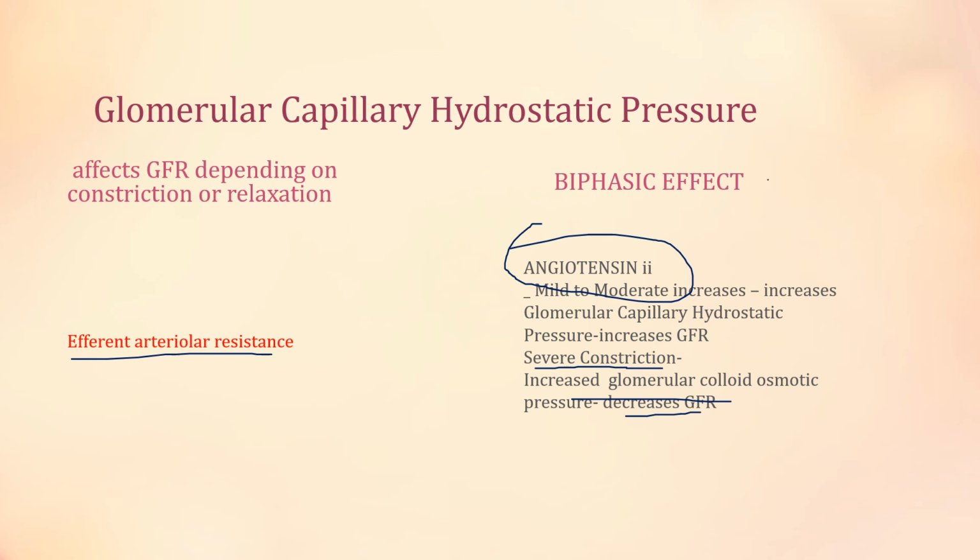So it has what is known as this biphasic effect. Biphasic effect means mild to moderate increase in angiotensin 2 increases the glomerular capillary hydrostatic pressure and increases the GFR, while greater than 3 times increases the colloid osmotic pressure and it decreases the GFR.